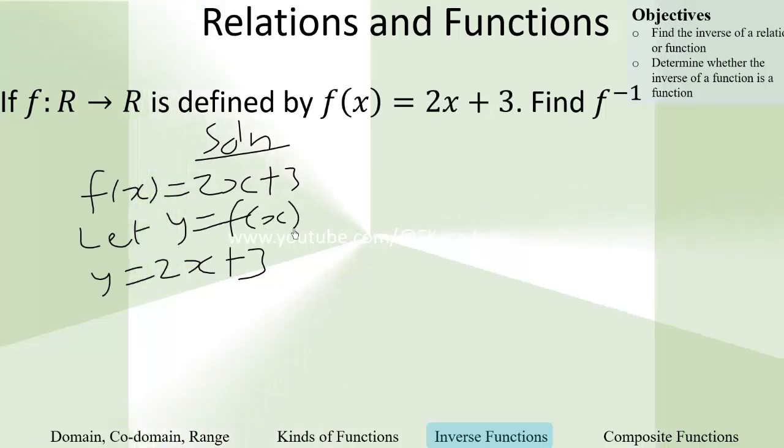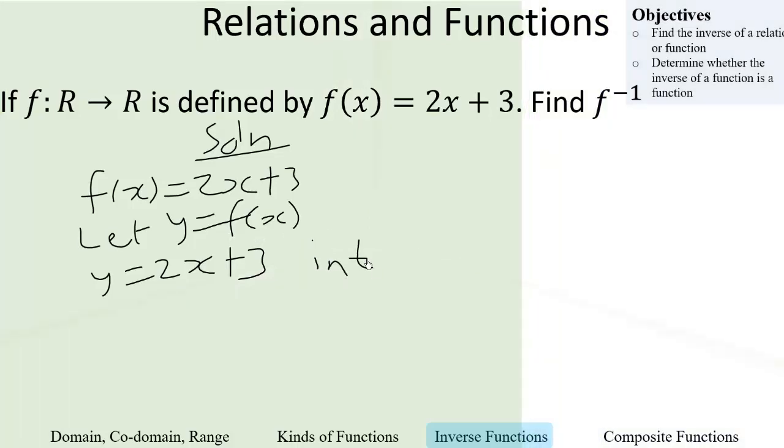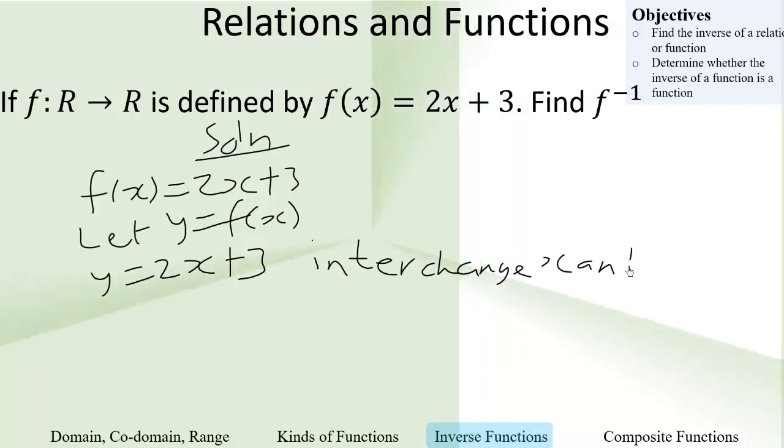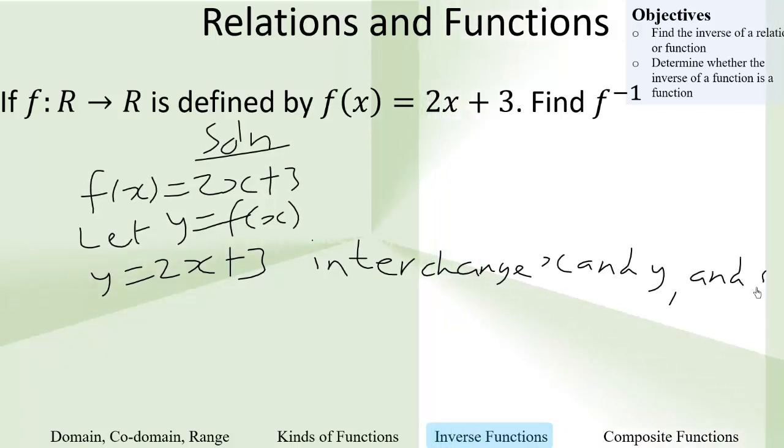Good. Notice that for the inverse function, we need to swap the x and y, that is the domain and the range. So we interchange x and y, and solve for y.